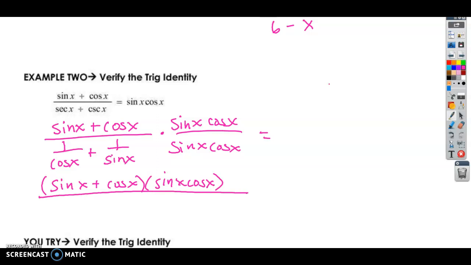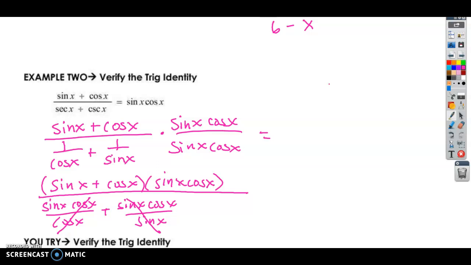Over, now this is sine of x cosine of x over cosine of x plus sine of x cosine of x over sine of x. Okay, now watch what happens. These cosines will cancel, these sines will cancel. We end up getting rid of the denominator fractions, which is awesome.